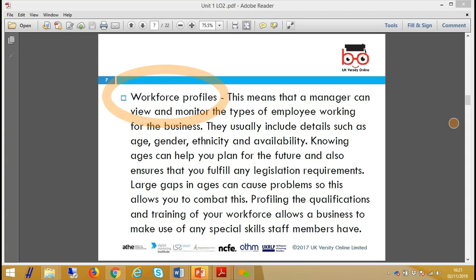So you may plan to take deliberate actions to address your workforce profile, either targeting younger employees or older employees or female employees or employees from certain ethnic or racial backgrounds in your recruitment. And also your promotion process.